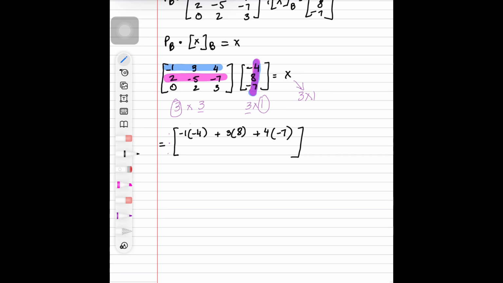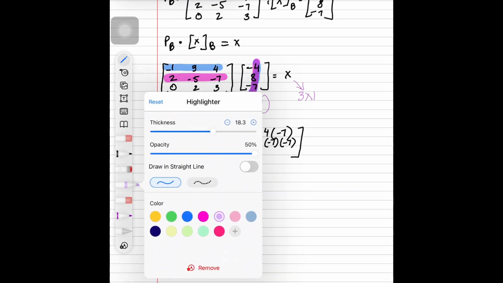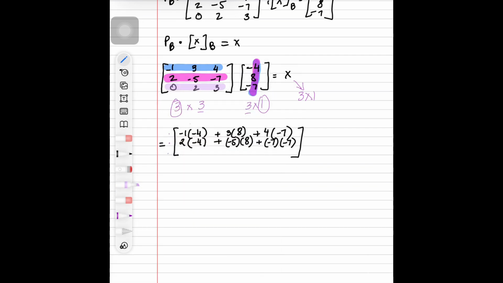So 2 times -4 plus -5 times 8 plus a -7 times a -7. Okay, next one. So third row times the same column. So 0 times -4 plus 2 times 8 plus 3 times a -7.